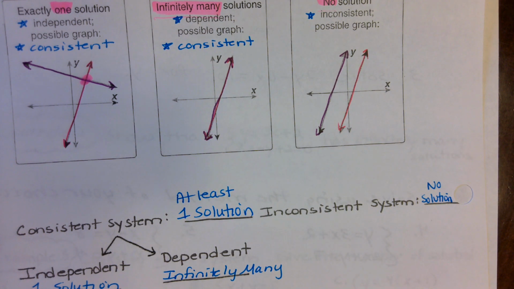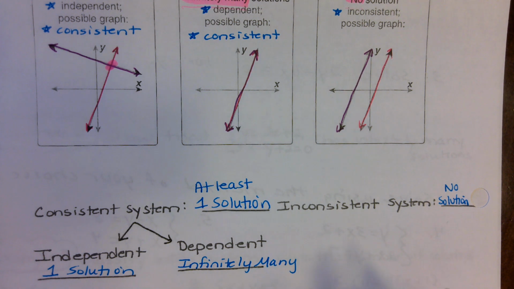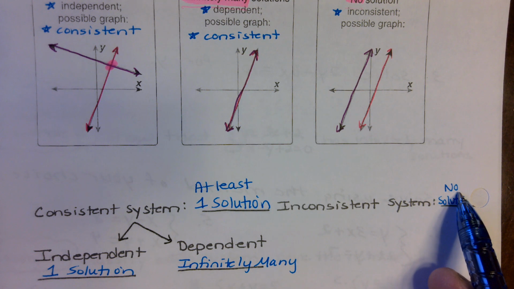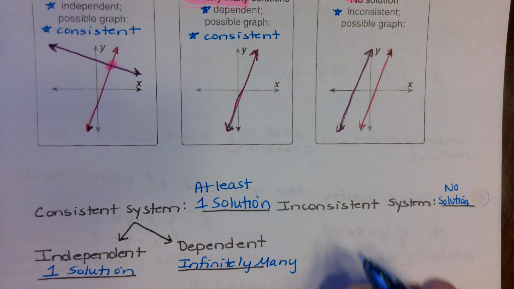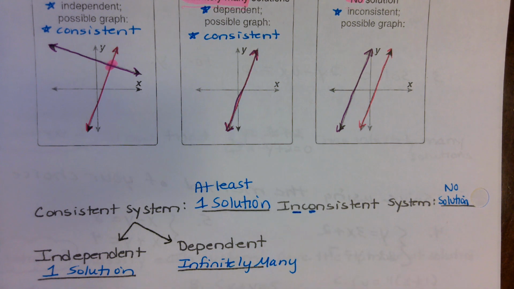And it's hard to memorize all this stuff. I was trying to find little tricks of the trade here. The only one I could find was that no solutions has the word no. I don't see anywhere else in the verbiage that it spells out no, except right here. I don't know if that helps or hurts.